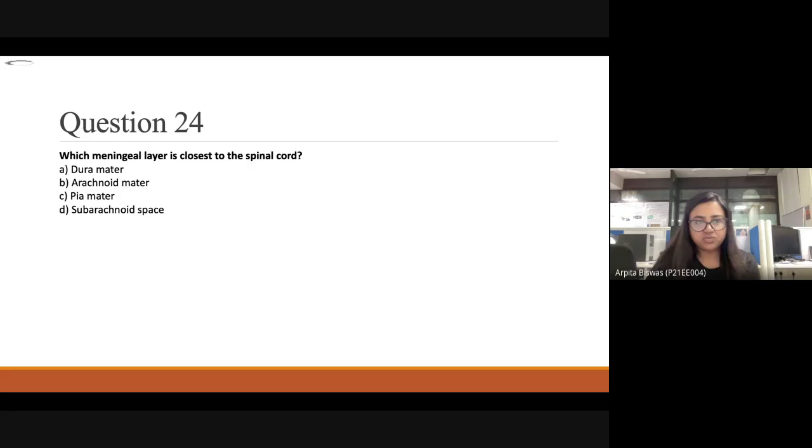First option is the dura mater. Second option is the arachnoid mater. Option C is the pia mater, and option D is the subarachnoid space.